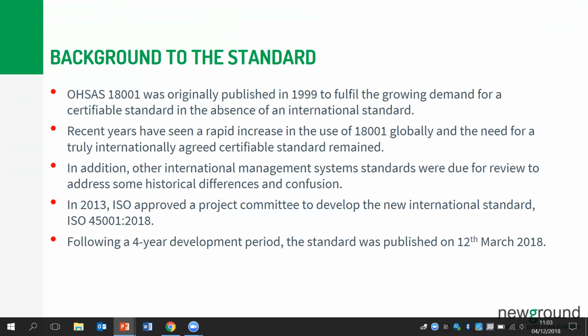Around this time, other international management system standards, such as quality and environment, were also due for review. So around 2013, the International Organisation for Standardisation approved a project committee to develop the new international standard. And following a very long 4-year development period, ISO 45001 was finally published on the 12th of March this year.